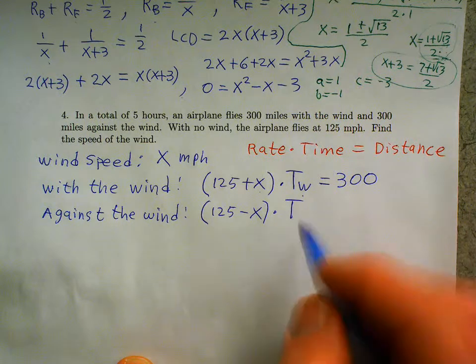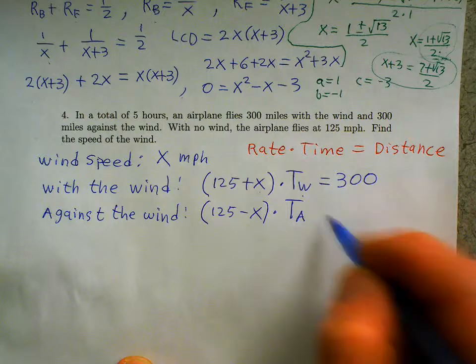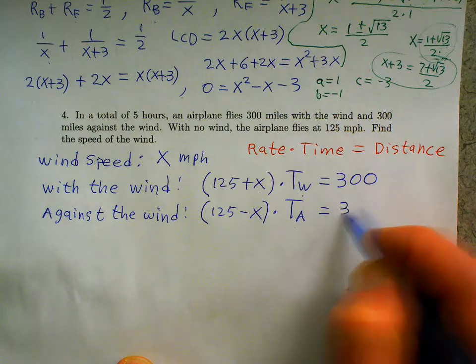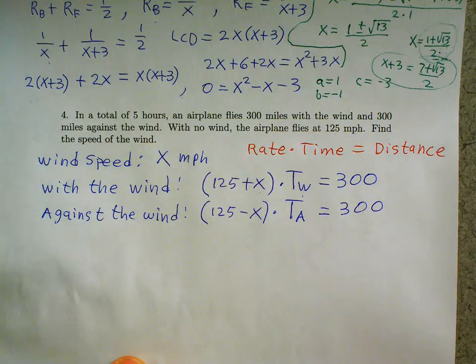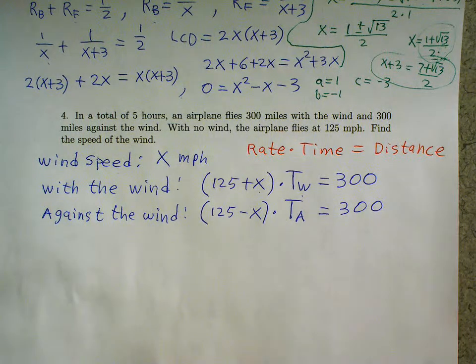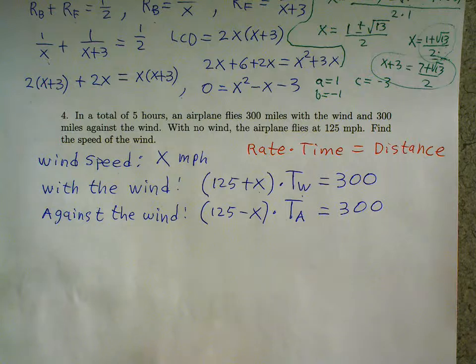And we'll use T sub A to represent the amount of time it takes to fly the distance of 300 miles against the wind. Okay, we want to know what the wind speed is. We want to know what x is. That means we need an equation whose only variable is x.